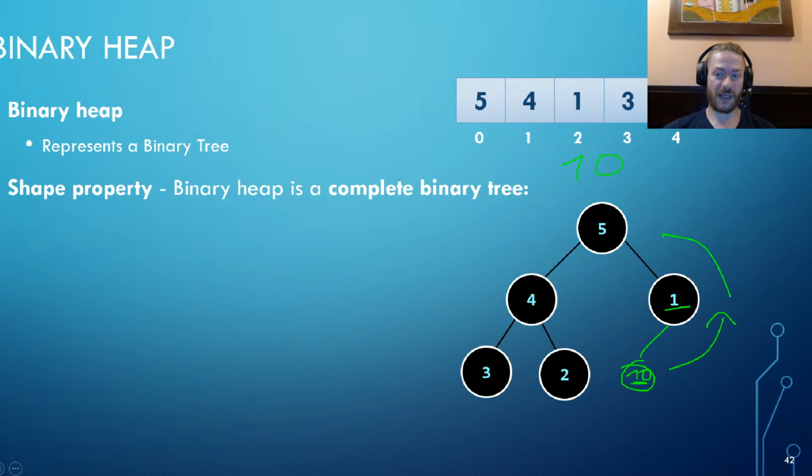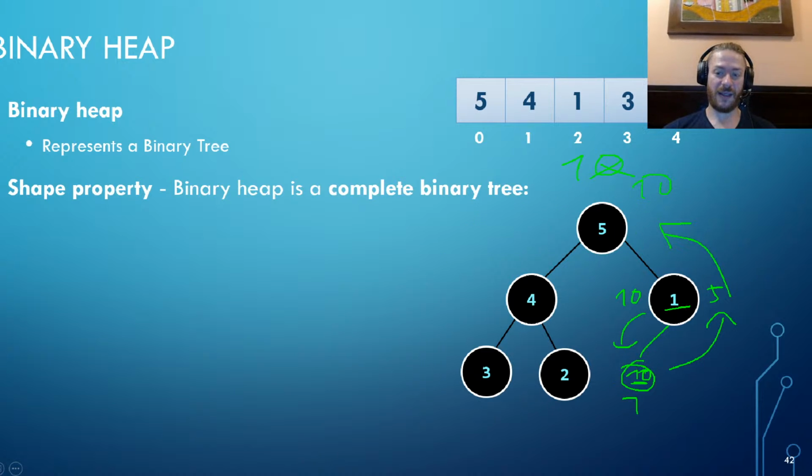Go upwards and change values until the heap properties are satisfied. So what this means is: is 10 bigger than 1? Yep, exchange them. 1 should go there, 10 should go there. Is 10 bigger than 5? Yep, exchange it. 10 should go here and 5 should go here. And all of a sudden I have a valid heap.